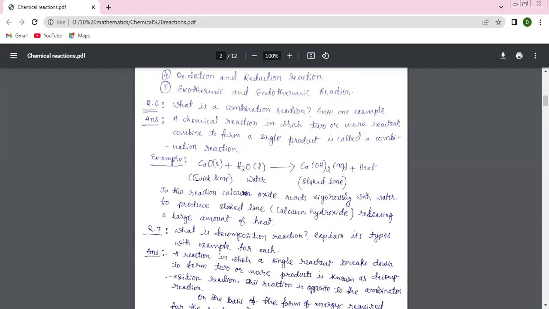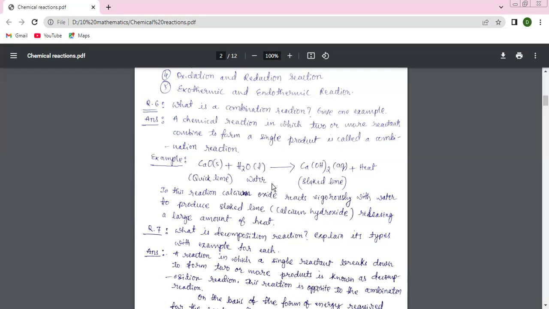Now come to this example. Here one reactant is calcium oxide, also known as quicklime. It is in the solid form because S is written. Plus water, H2O, which is generally liquid.